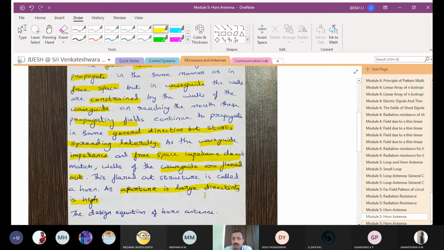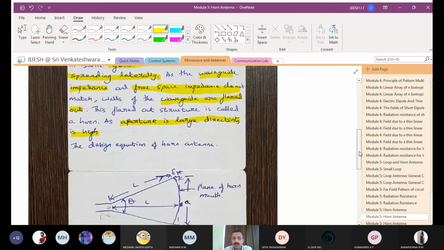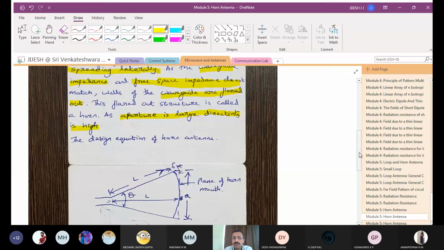We are going to see a few equations to understand how these things can be measured. The design equations of the horn antenna are what we are going to discuss further.